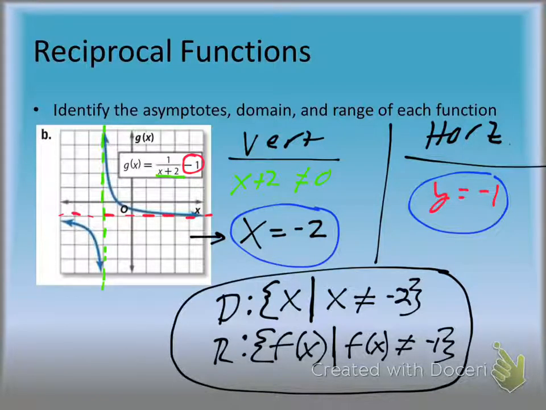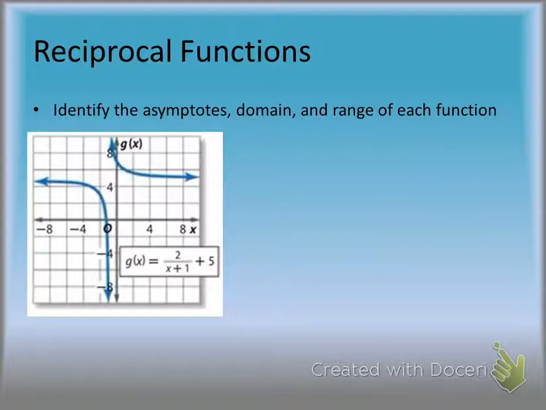Sometimes you'll be given the graph and you're going to get one here and coming up where you do the exact same thing. A little bit later you're going to actually have to graph them and show the asymptotes themselves. Okay, so this one right here for g of x equals 2 over x plus 1 plus 5 on the outside. Do the exact same thing. Identify the asymptotes, domain, and range of each function.